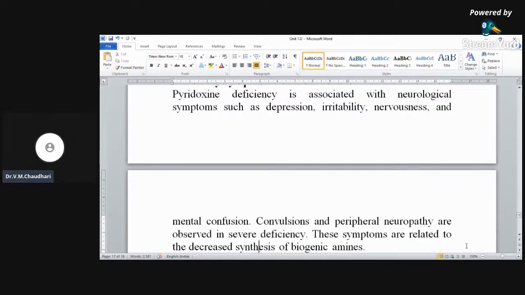So these are the symptoms of pyridoxine deficiency. These symptoms are related to decreased synthesis of biogenic amines.